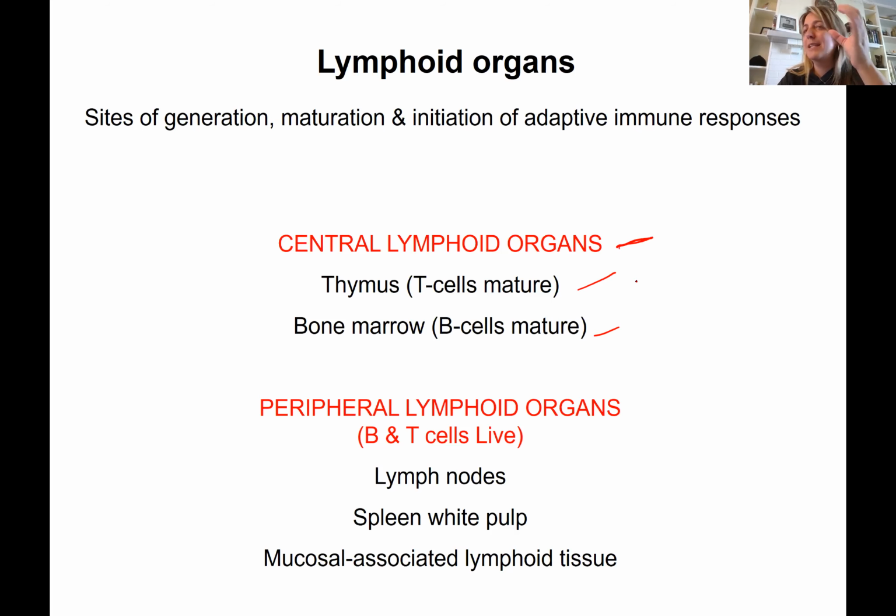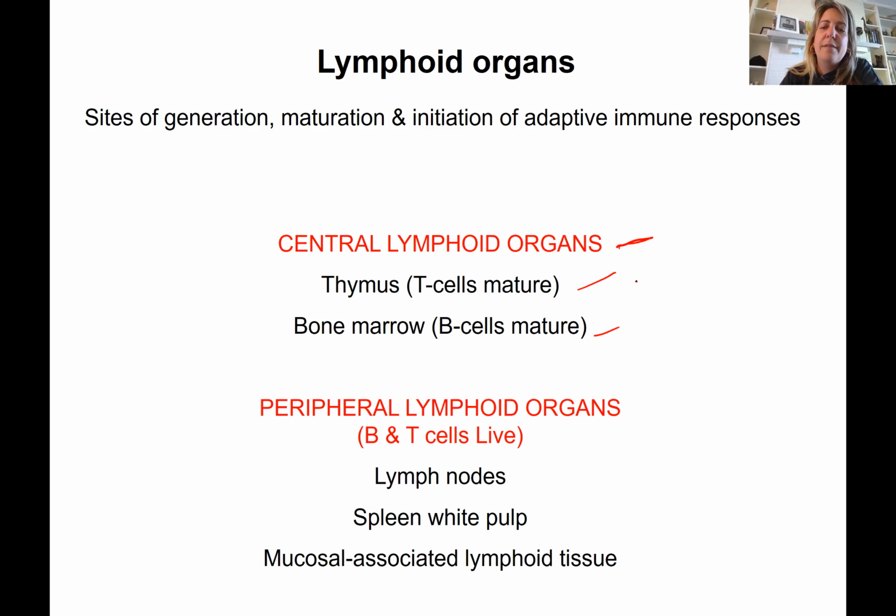As the animal ages, the thymus becomes much smaller, and the ability to form T cells is decreased substantially. The bone marrow is going to form and mature B cells, which make antibodies, and the bone marrow also makes other white blood cells.